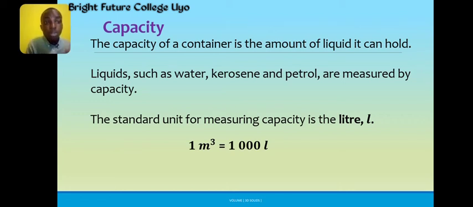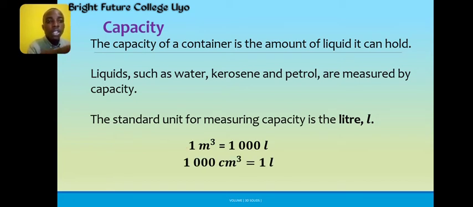Okay, take note of this also. I should put that in red for you so that you take note of it, but it's fine. Circle it in your notes. I believe you are writing all these things in your notes. Now, 1 meter cube is equal to 1,000 liters.